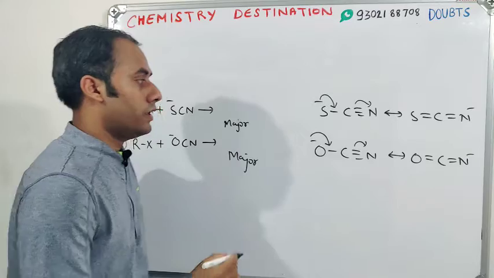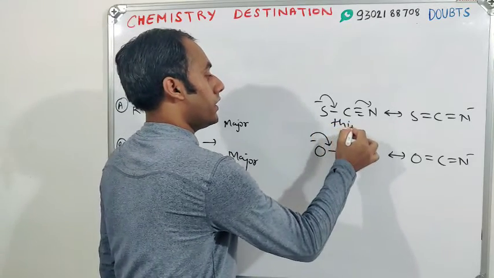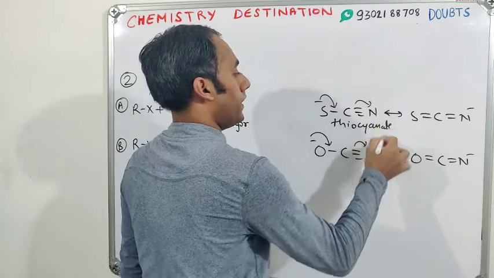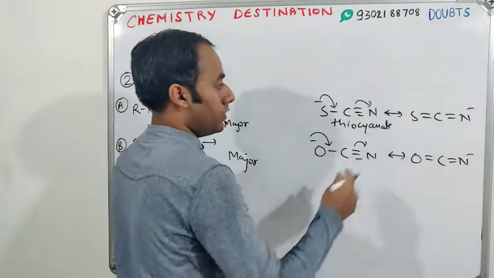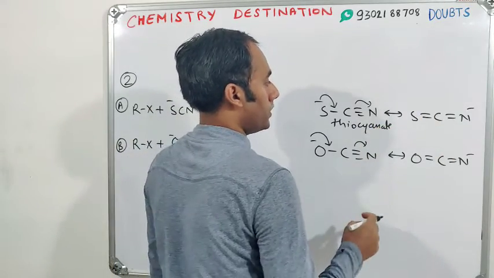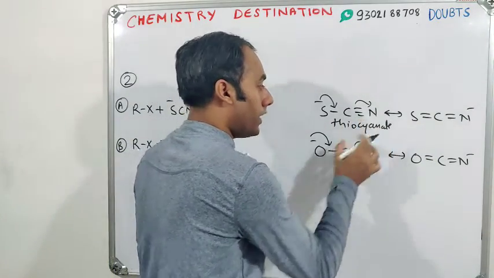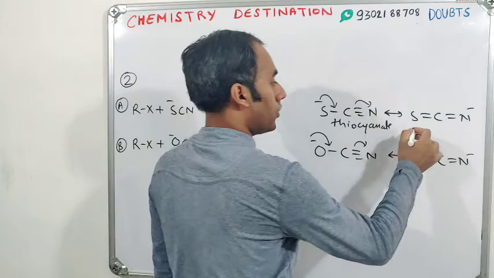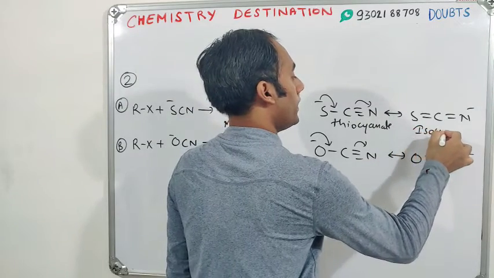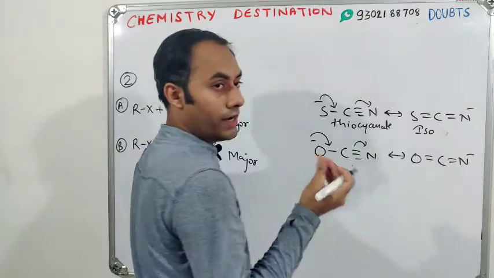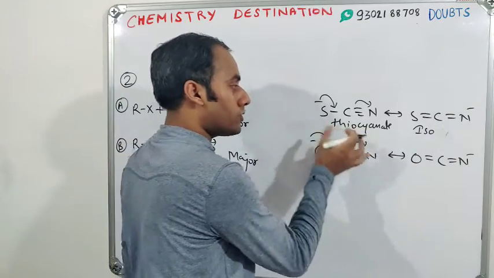This ion is already named thiocyanate ion, and its canonical structure, the resonating structure, is called isothiocyanate. Just write iso before thiocyanate.